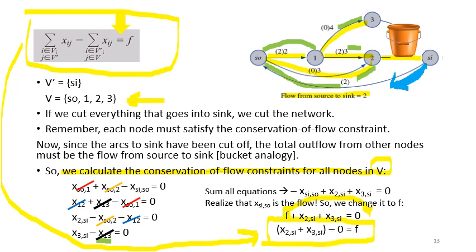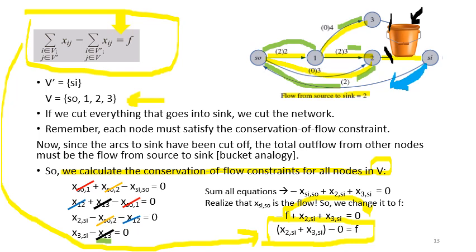And that makes sense actually if you look at this part. If we cut away the arc from 3 to sink and 2 to sink, of course the flow that we can contain in this bucket equals the current flow from source to sink. Because they cannot flow to the sink, we capture it in the bucket, so we catch the flow equal to 2 in this case.